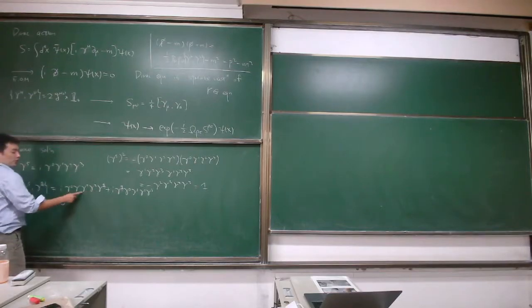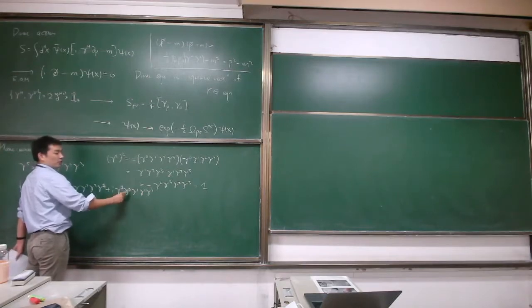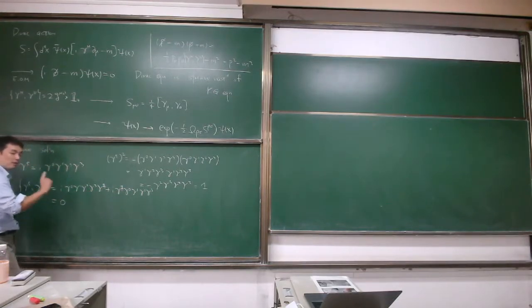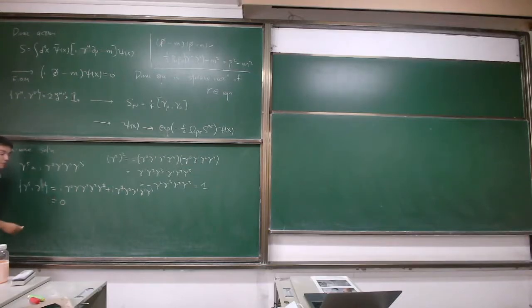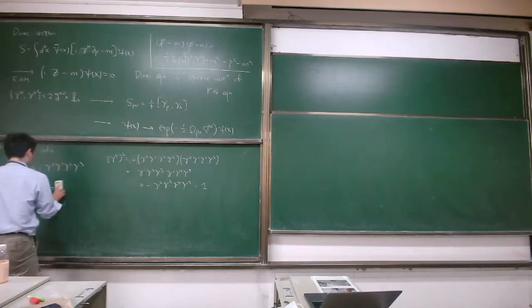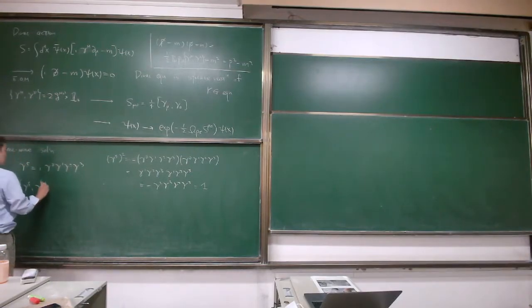To bring it to here, you have to exchange twice; to bring it to here, you exchange only once. So you get plus 1 and minus 1, and they cancel. You understand? At the end of the day, if you do the computation, you can easily show that gamma 5 anticommutes with gamma mu. It's the same exercise to do.